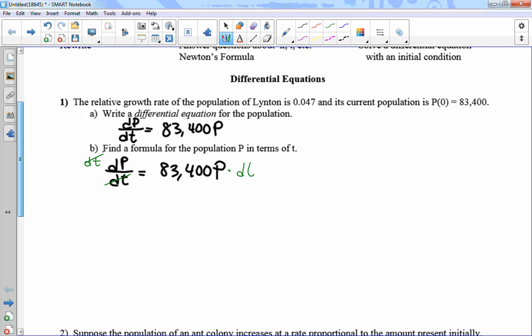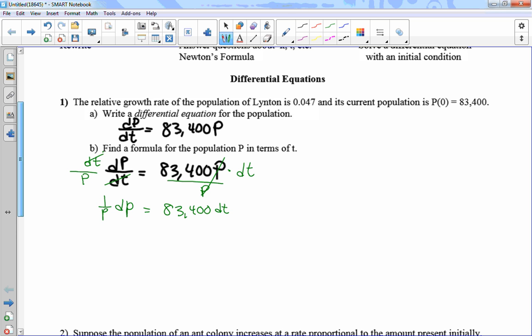Multiply both sides by dt. When you get the P over, so divide by P. So we have 1 over P dP equals 83,400 dt. So we separate the variables, P's on one side, t's on the other.